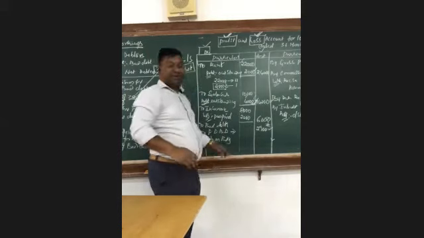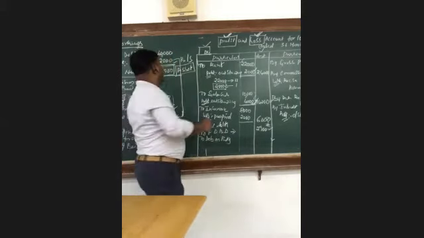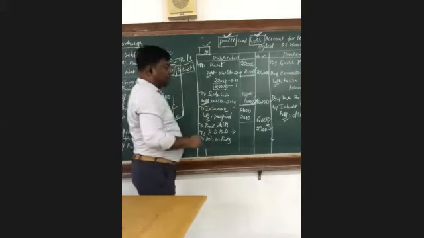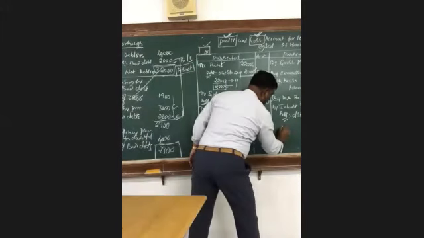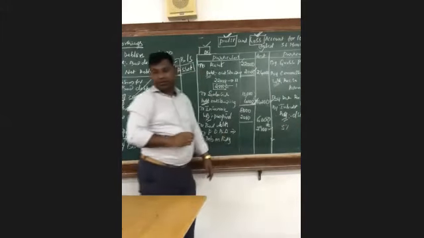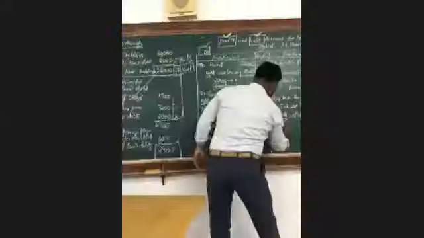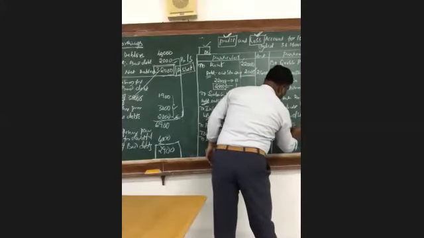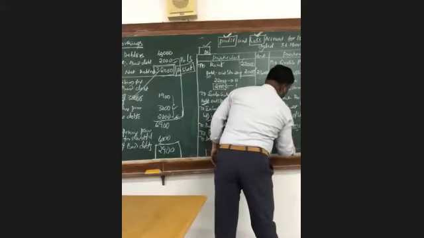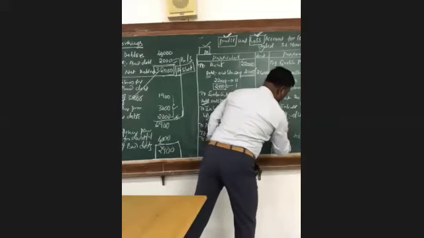So depreciation on building is how much? 10%. 10% on 80,000. That comes to 8,000. That simple calculation I have used the space for, but don't write like this here.